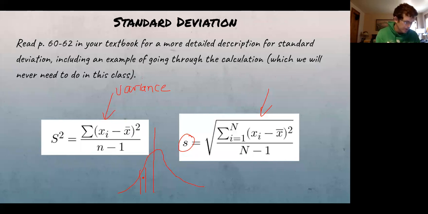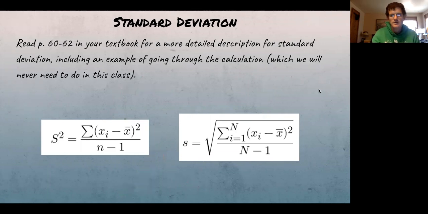Some of them are really close, some of them are right on the line, some of them are far away, but on average, they're going to be that distance. So that's just one way to think about it. Again, this only works when you have a unimodal symmetric distribution. Otherwise, you're going to be using IQR. Luckily, our calculator will always do this for us.